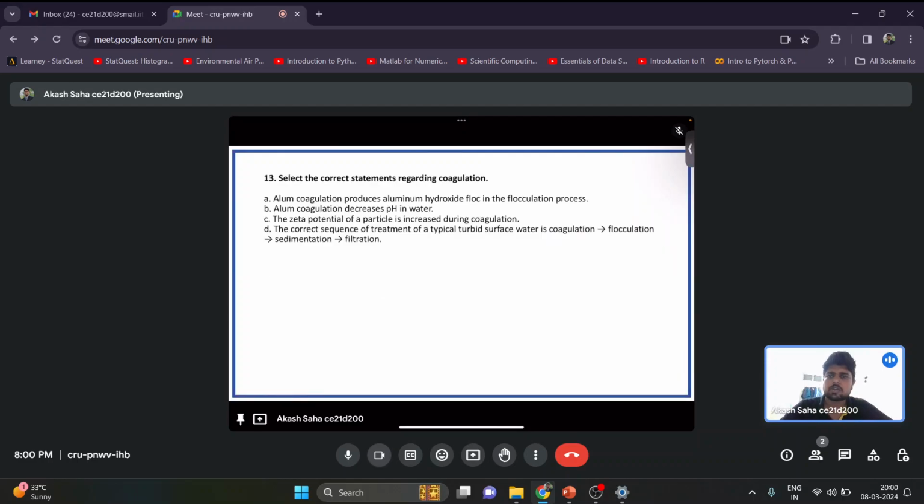Okay, the next question. Select the correct statement regarding the coagulation. So it says that alum coagulation produces aluminum hydroxide floc in the flocculation process. Alum coagulation decreases pH in water. The zeta potential of a particle is increased during coagulation, and the correct sequence of treatment of a typical turbid surface water is coagulation, flocculation, sedimentation, and filtration. So four statements are given.